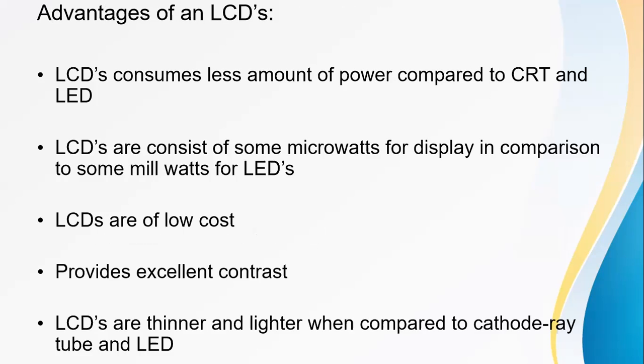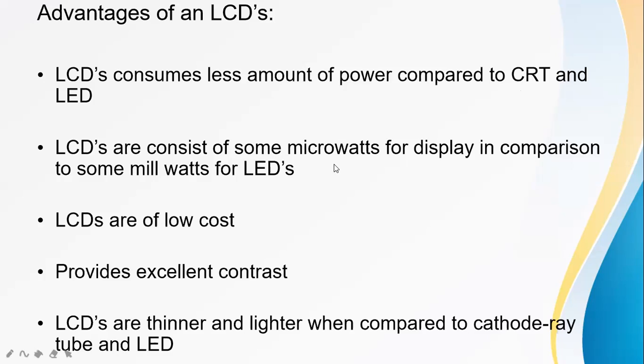Advantages of LCDs. What are the advantages? Compared to LED, the power consumption of LCD is less, and also compared to CRT. The CRT, cathode ray tube, is also used to display images. In earlier days, televisions had cathode ray tubes.